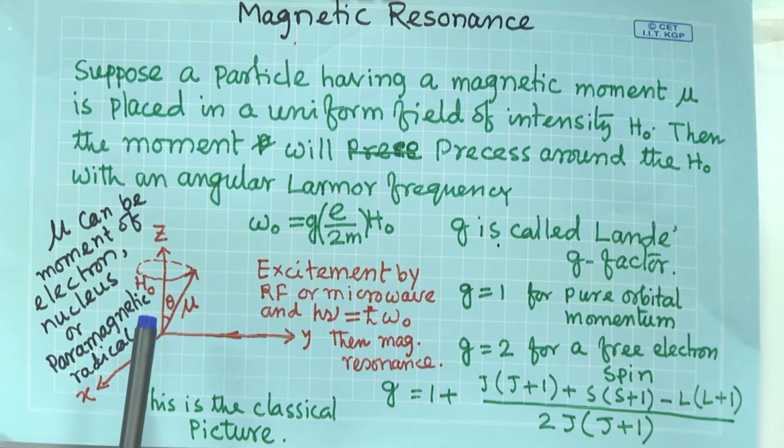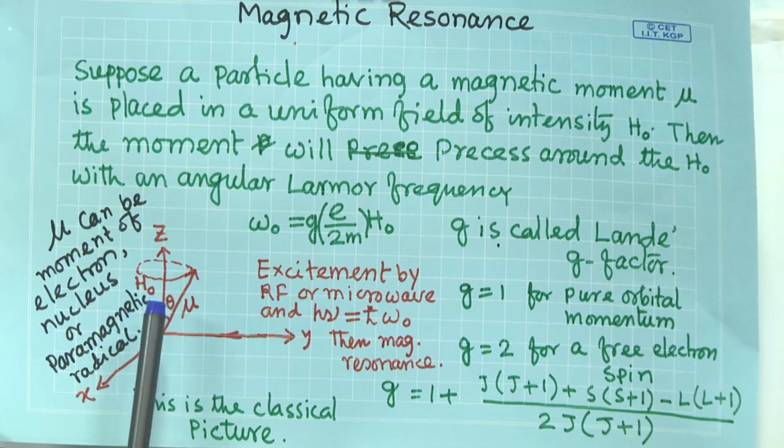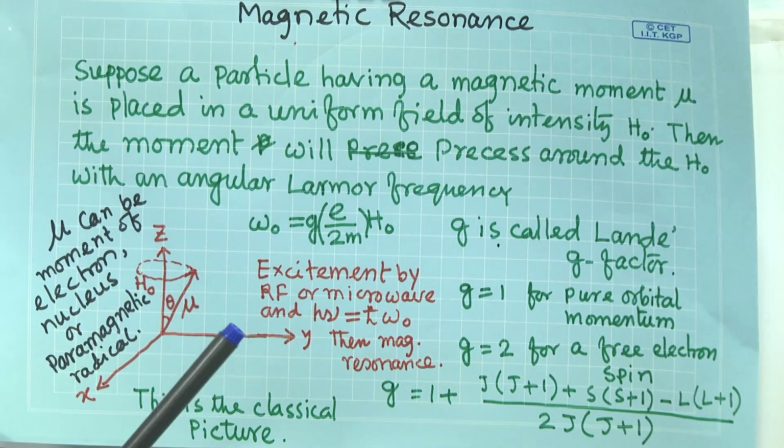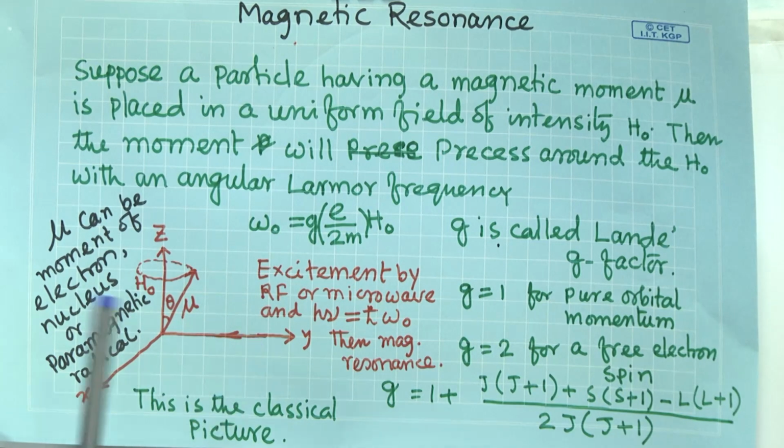So, if a magnetic field H0 is applied, say along the z direction, then the magnetic moment, at a particular angle theta, will precess around the magnetic field. This precession is called Larmor precession.